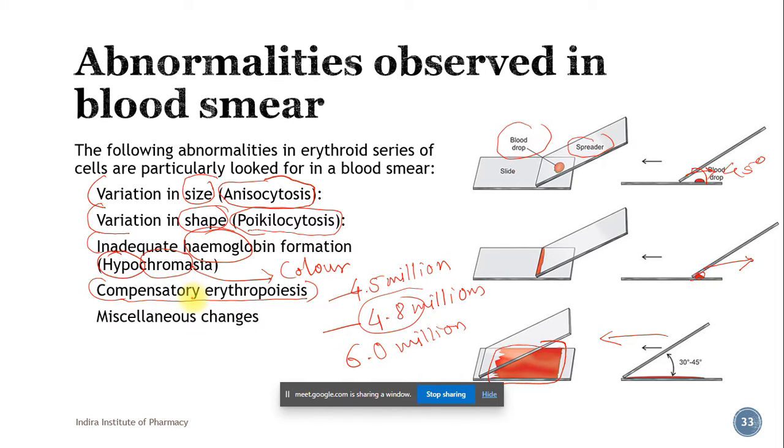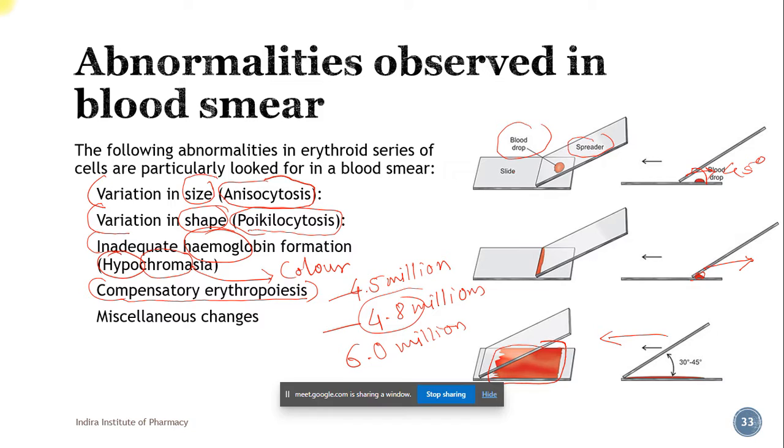Compensatory erythropoiesis means what? Whatever erythrocytes are present in the blood have a lower amount of hemoglobin in them, so the oxygen carrying capacity of the blood has decreased.